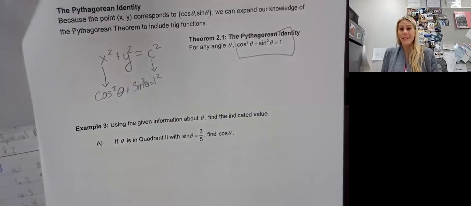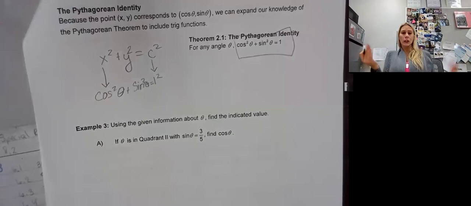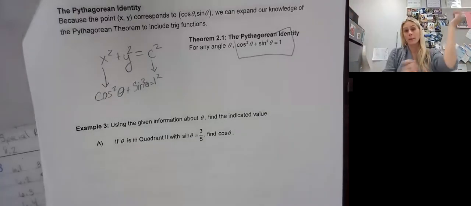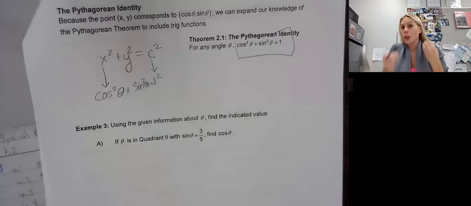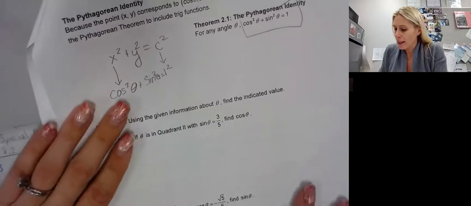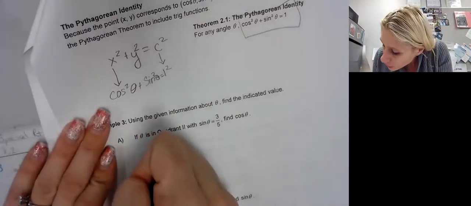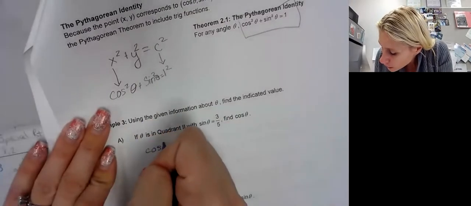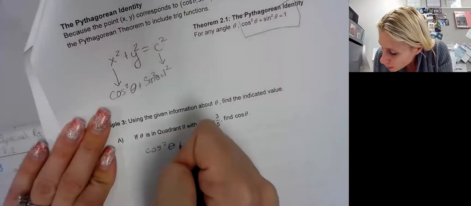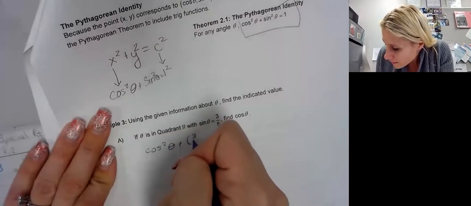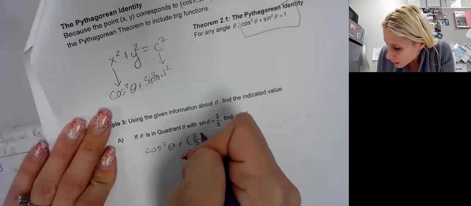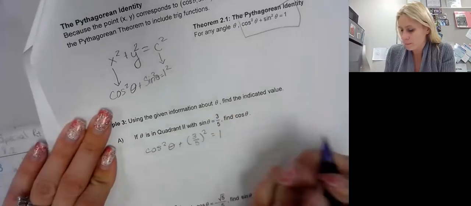So when we are using the unit circle, we can actually use the identity to help us find other values. So let's demonstrate that now. If theta is in quadrant 2 with sine theta equaling 3/5, find cosine. Again, we're using the unit circle for this. So I would get cosine squared theta plus (3/5) squared equals 1.